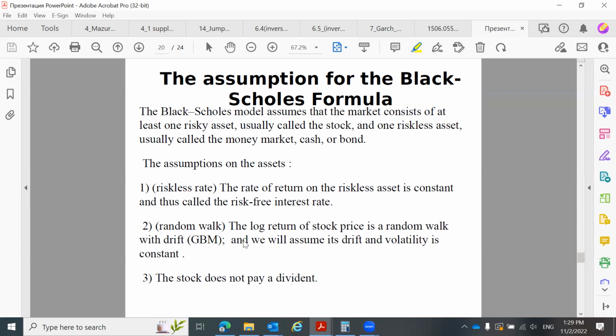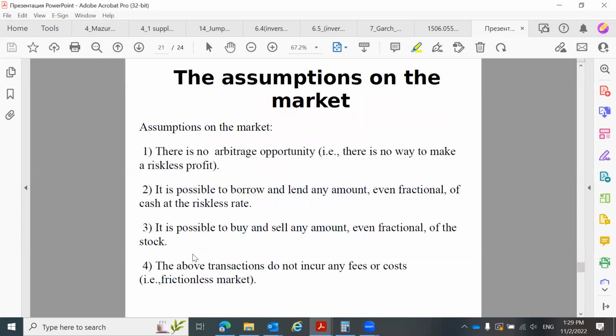And for lending and for borrowing, it is the same interest rate. About the model for the risky asset, it is a random walk. The log return of the stock price is a random walk with drift, so it is geometric Brownian motion, and we will assume its drift and volatility are constant, and the stock doesn't pay a dividend.